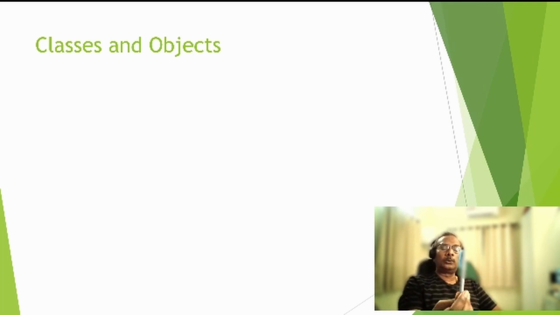Because you already know anything that has this particular shape and structure and has a nib, the point, and then it has a cover, it has a body, and all that, then you already know it is a pen.